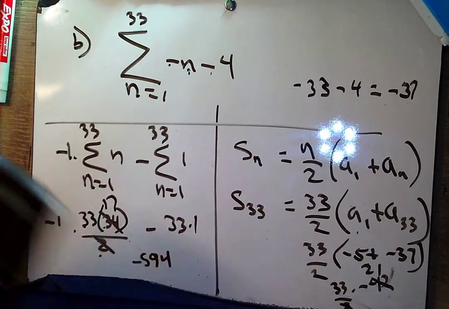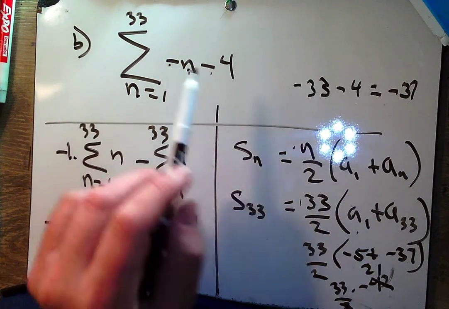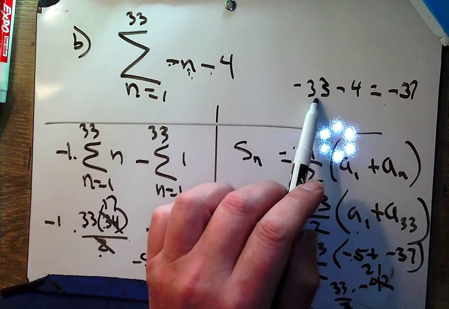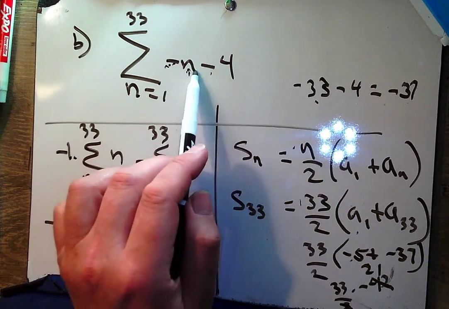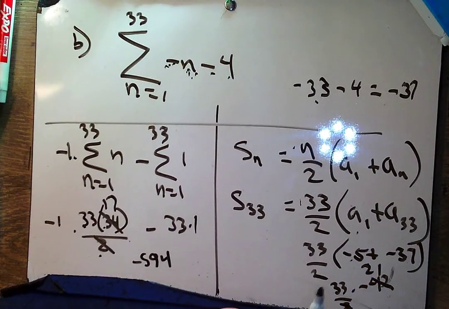So let's come back over here. That n is 33, and a sub 1 is minus 5, and a sub 33 is going to be minus 33, minus 4 is minus 37. Okay, that's very interesting.